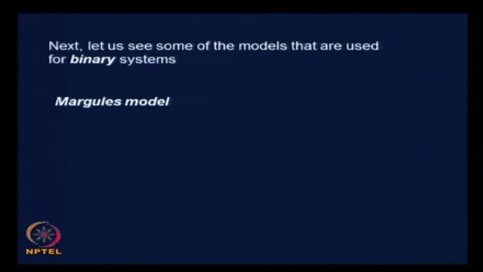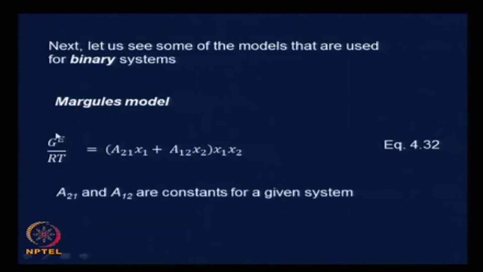The first model that we are going to look at is called the Margules model, and that model is given as GE by RT. This is given in molar terms, not GTE. GE by RT equals A21 times x1 plus A12 times x2, the whole times x1 x2. Let us call this equation 432, and A21 and A12 are the constants for a particular given system.